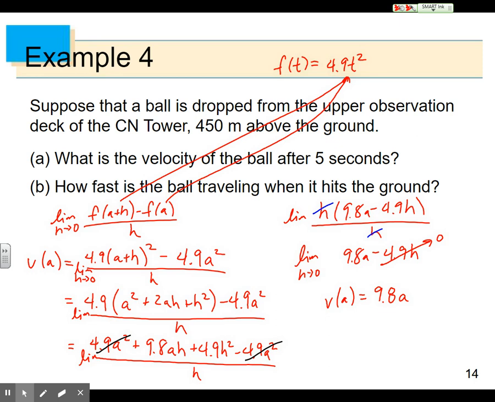Does that 9.8 sound familiar? Something about acceleration due to gravity? All of my physics people? Hopefully it does. And so to answer the question, at 5 seconds, all I got to do now is plug 5 in to the end. So I get 9.8 times 5, which gave me the same answer that it did a couple weeks ago, 49 meters per second.